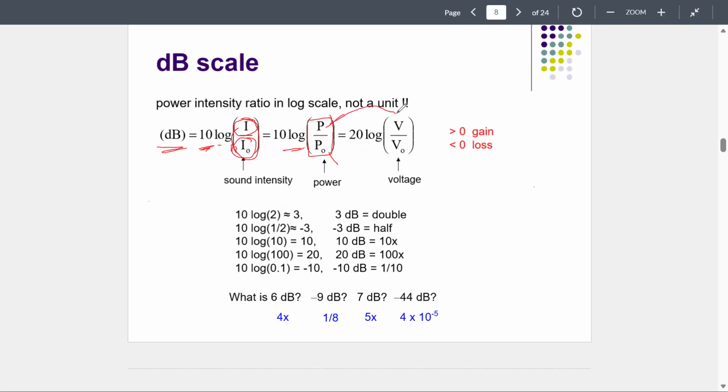Now, power is proportional to the square of the voltage or the square of the current. So if you're looking at the voltage amplitude instead of power, then you need to multiply by 2, because the 2 will come in front of the log. That becomes 20.